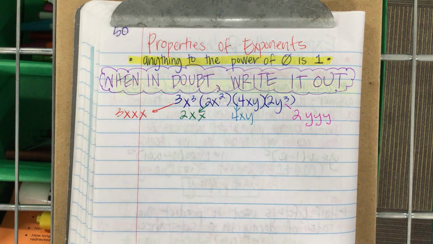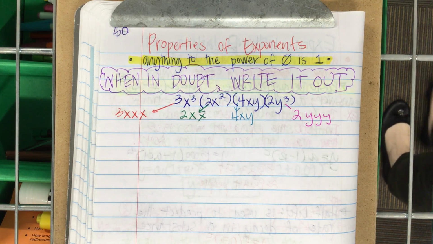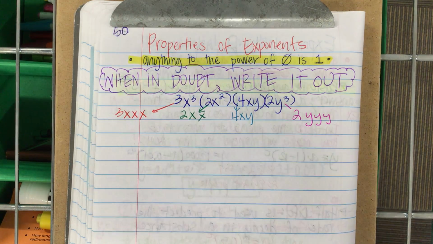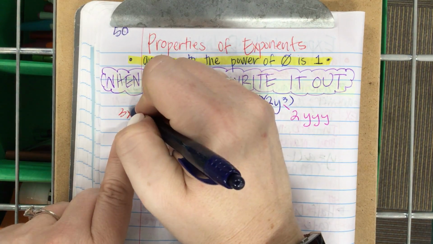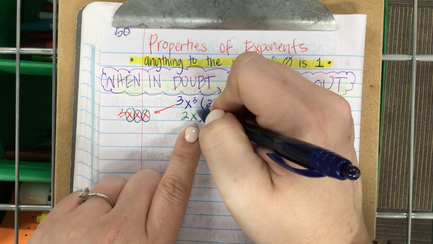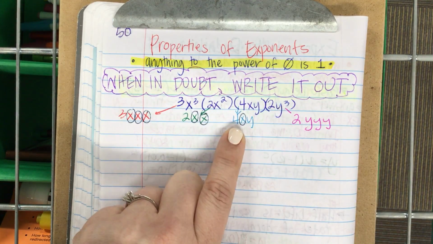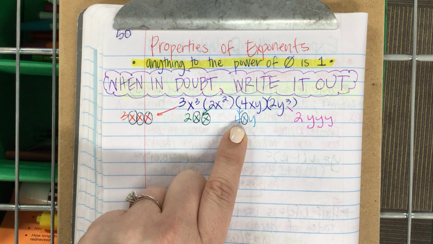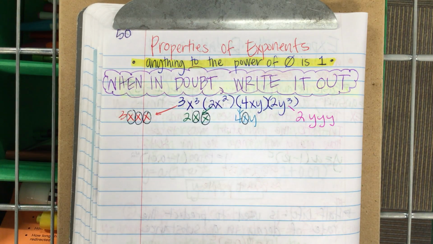And now I'm going to start collecting items that belong together. So if I look, I've got 1, 2, 3, 4, 5, 6 x's. Do you agree? So if I'm going to squish those 6 x's back together, right? I've written it out, I've expanded it, now let's squish it back.